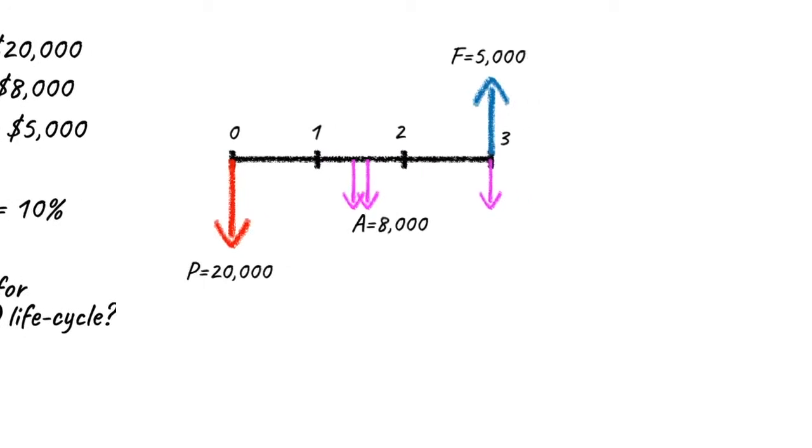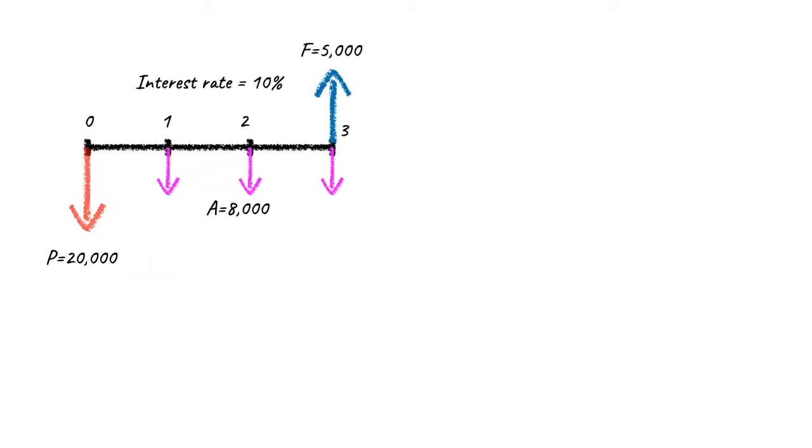Now, there are 3 cash flow in this diagram: the present worth, the annual worth, and the future worth. You have to convert all 3 cash flow into an equivalent annual values. First, if you want to convert the P to A, you have to multiply the P with AP factor.